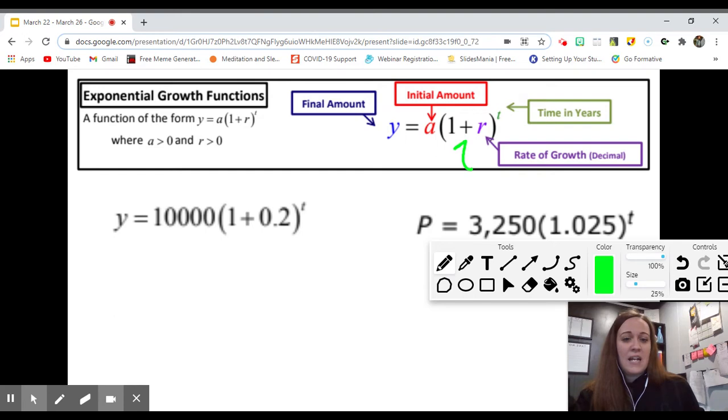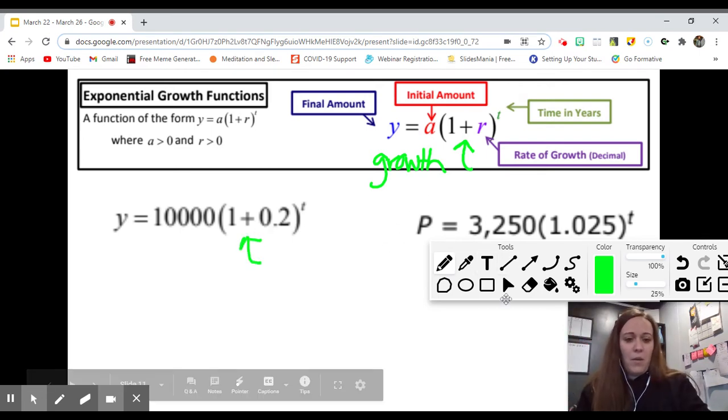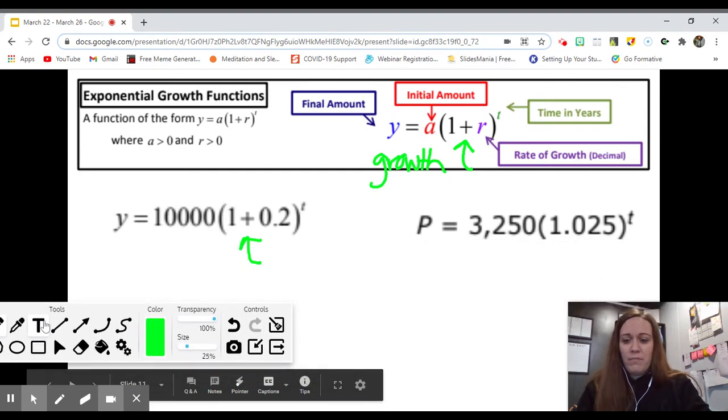So the plus sign, again, goes with our growth equations, and you can tell that the two examples I have on my screen are growth equations, not because of the words, but because of the plus sign here. And if I move my web pane out of the way for you.